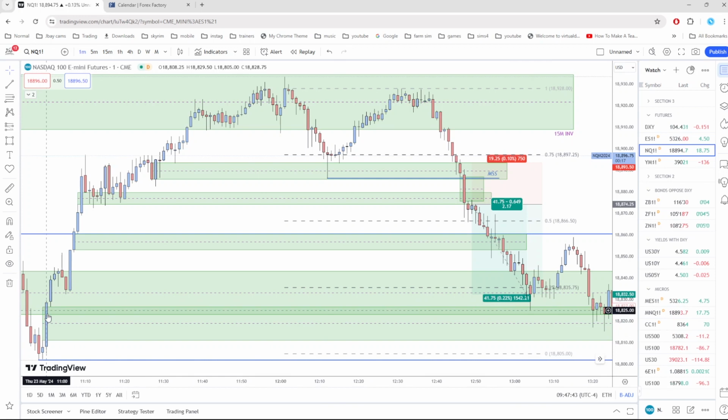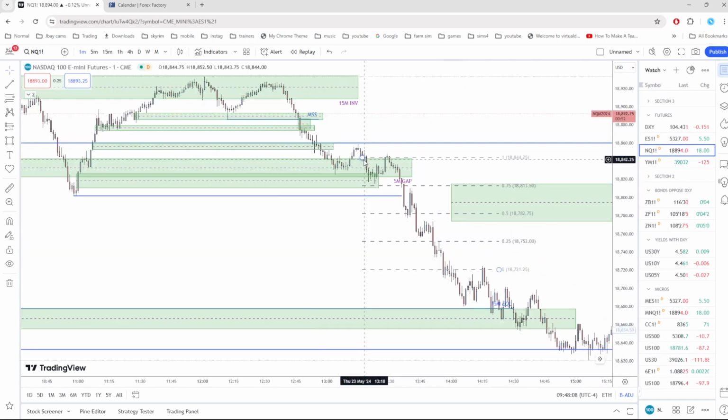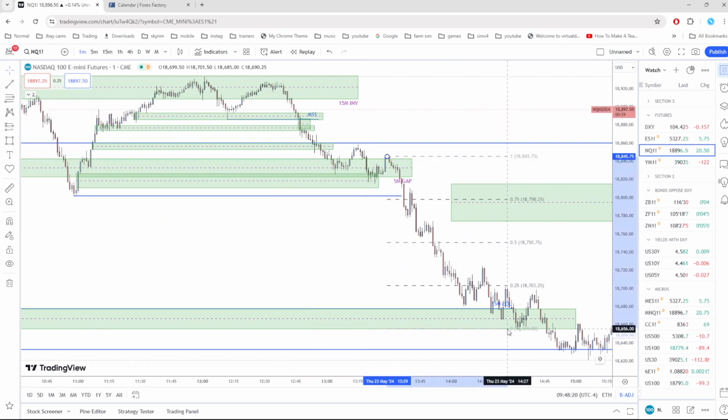And we stab into this fair value gap down here as well. And you wouldn't be holding through this anyway. So that would be it for that particular trading idea. So we can pull the fib from this high down to target, which is pretty much going to be the equal lows, really.